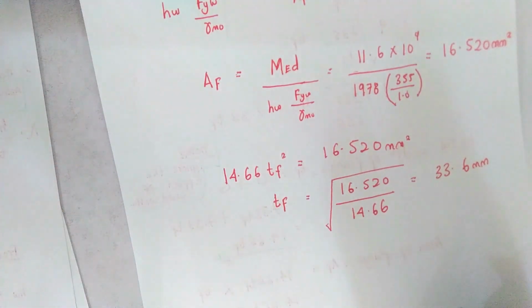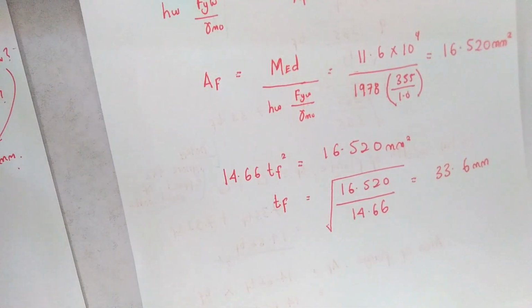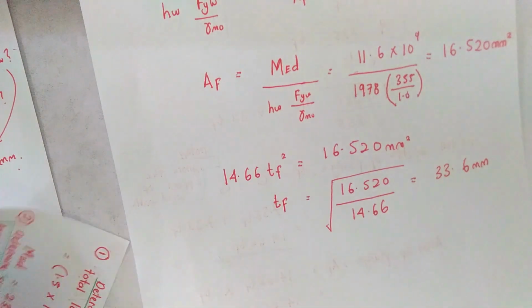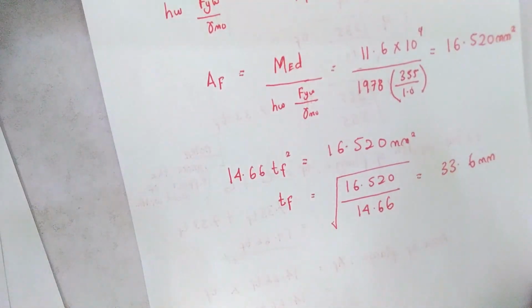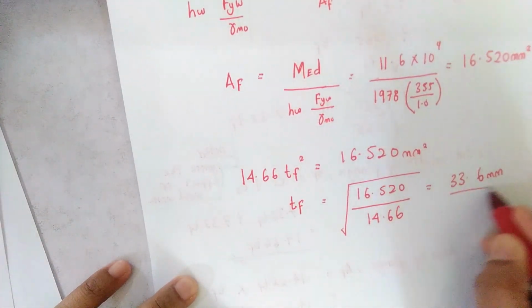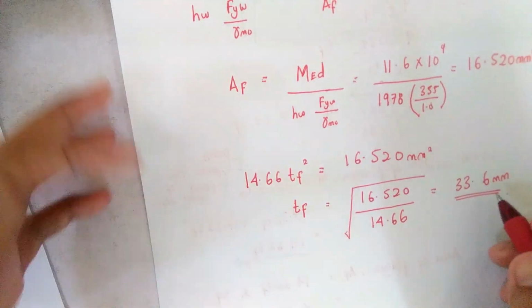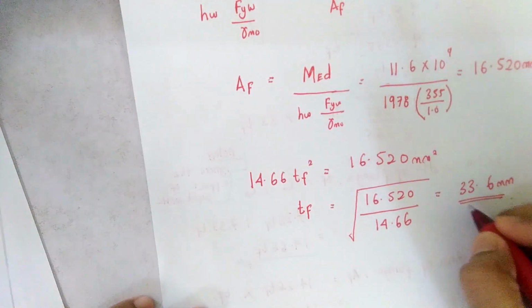Okay, so once you get your thickness of flange 33.6 mm, you can substitute this value into the earlier equations.